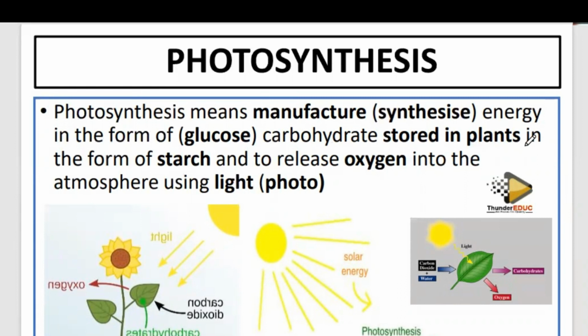So glucose is an example of a carbohydrate. These plants have a special way how they store this glucose. The stored form of glucose is called starch.